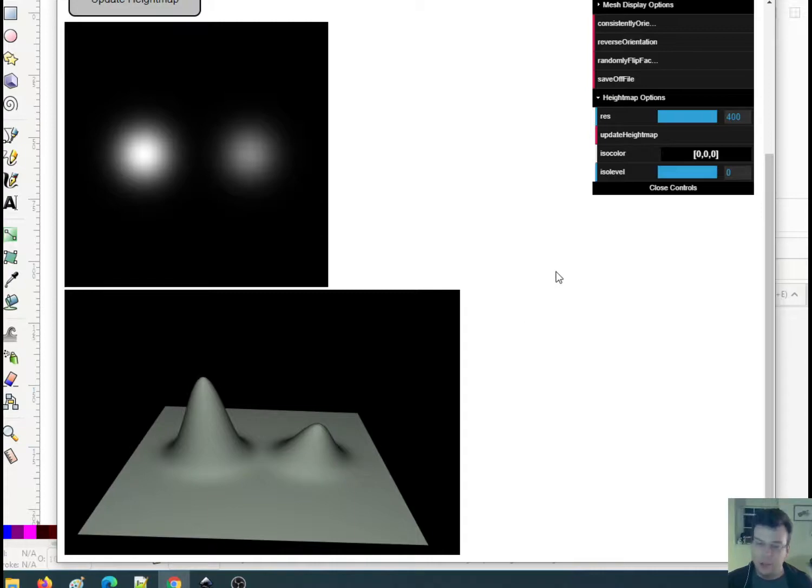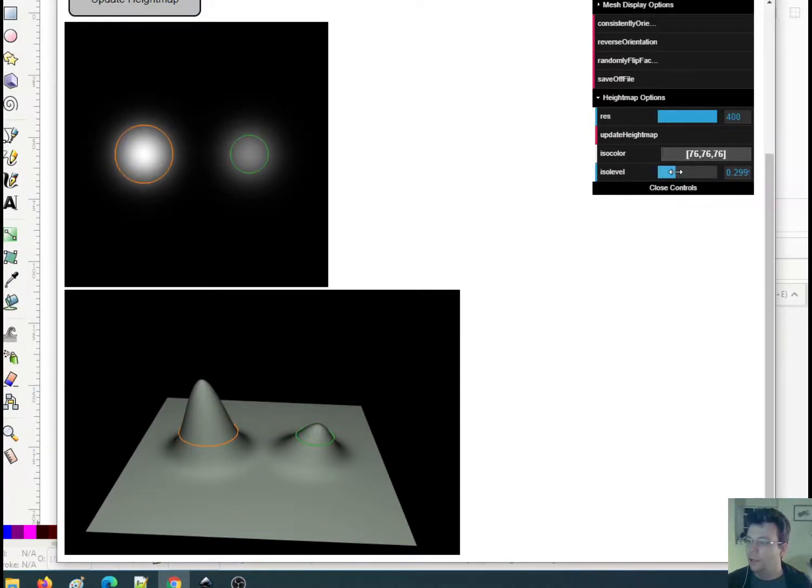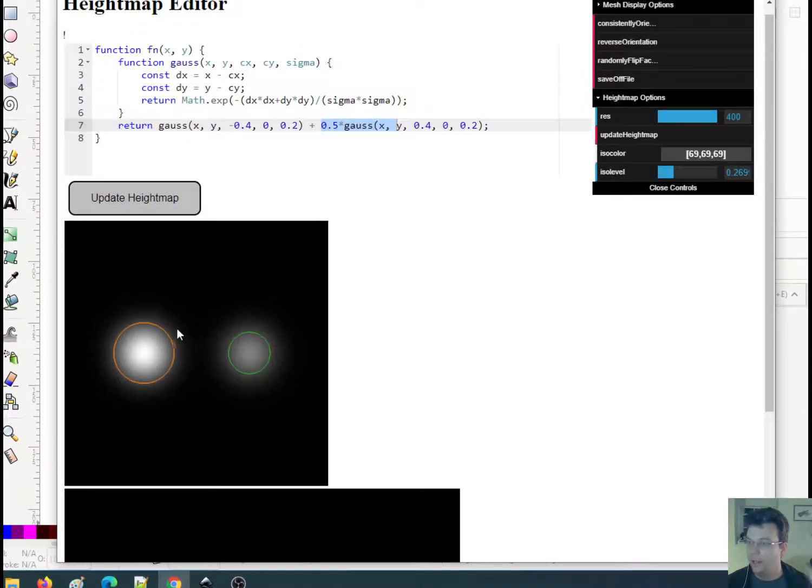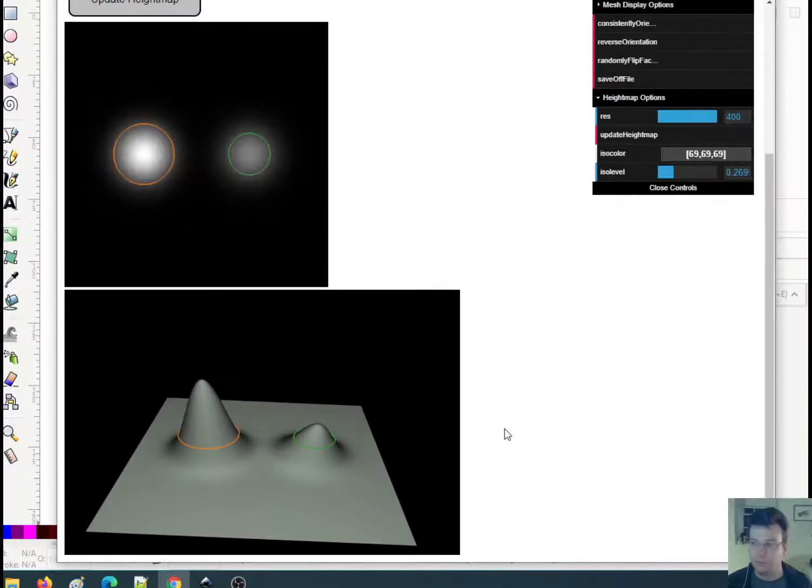Now, there's another thing I can talk about with Heightmaps called Levelsets. So if I consider, for example, all of the points in x and y, so all of the xy coordinate pairs that satisfy that this function equals 0.27, roughly, then they're drawn here as these loops.